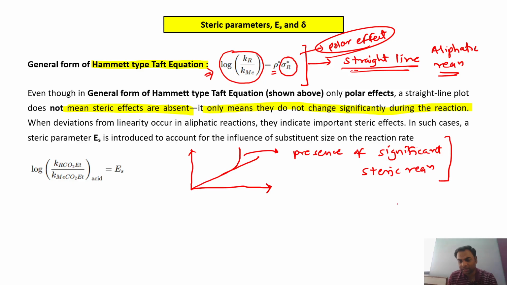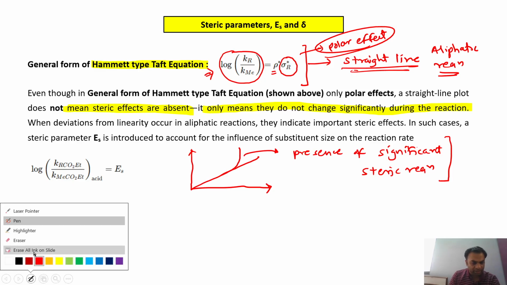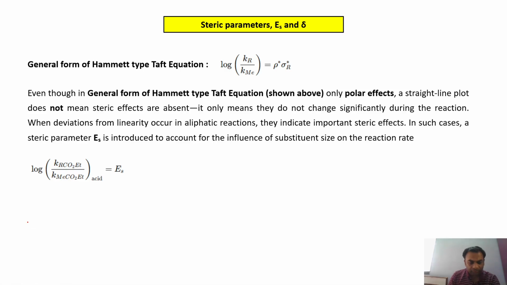Therefore, it is necessary to introduce this steric parameter, the substituent constant, for aliphatic compounds where such a reaction shows the departure from the straight line.